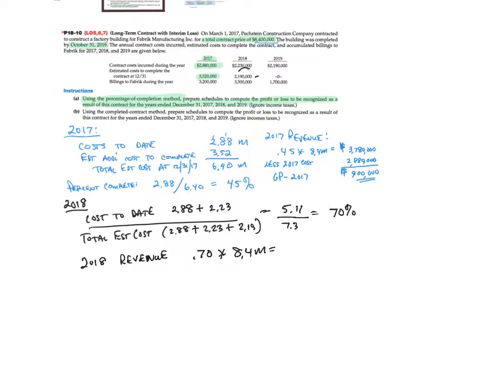Equals 5.88 million. And then we're going to subtract revenue previously recognized, and that was this 3.78 million, and that'll give us 2018 revenue. 5.88 minus 3.78, and I get 2.1 million.